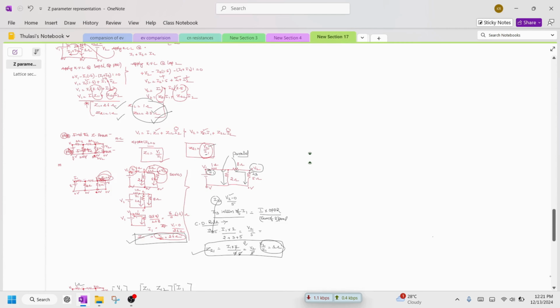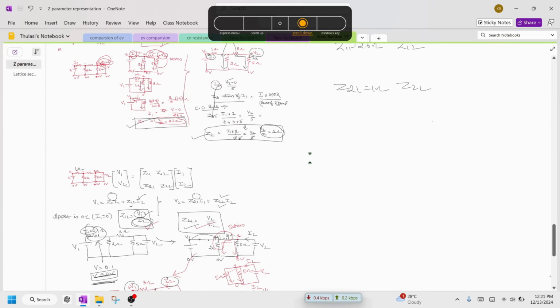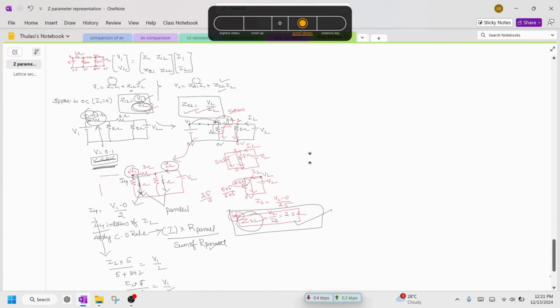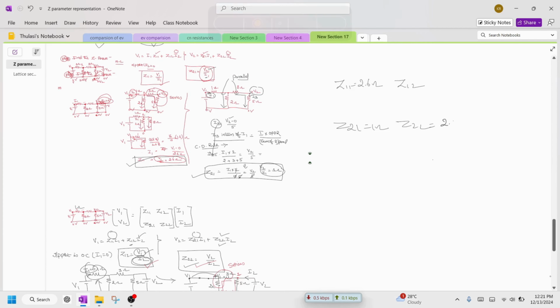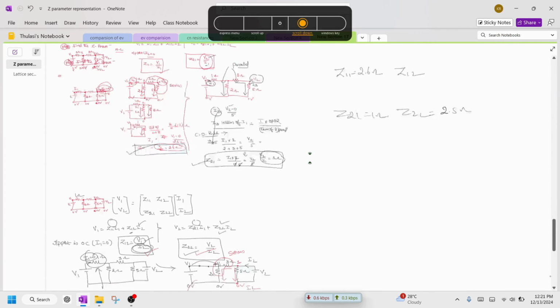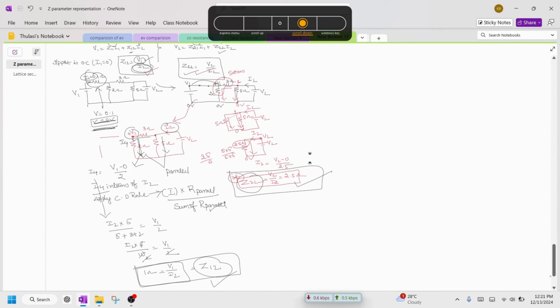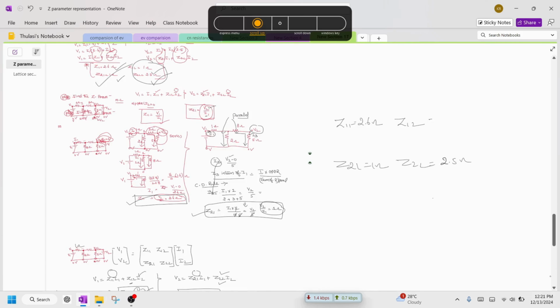If you write both in matrix form, this is Z11, Z12, Z21 and Z22. In this method, Z11 is 2.6 ohm, Z21 is 1 ohm, Z22 is 2.5 ohm, Z12 is 1 ohm.